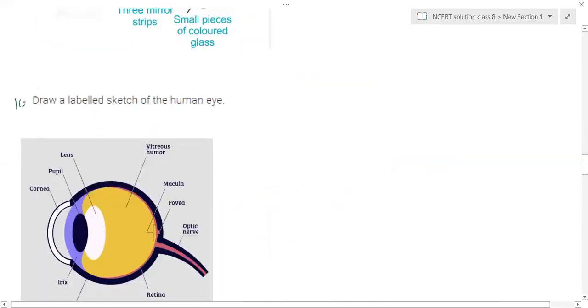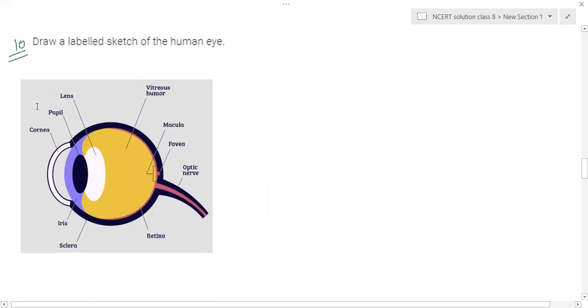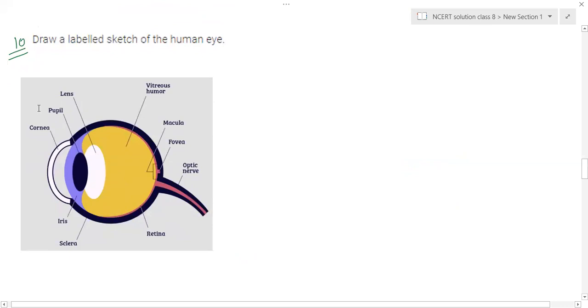Question 10 is to draw and label the sketch of a human eye. This is a little funny, something like I would have made by hand, but you can always make a freehand sketch.